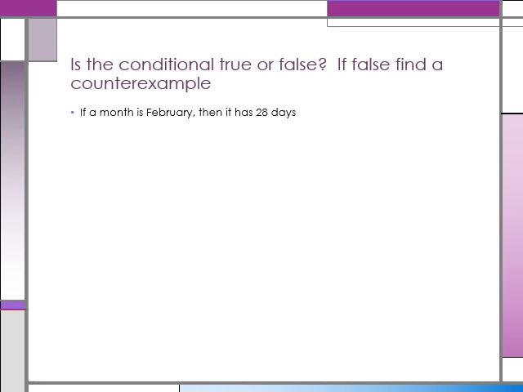And if it's false, let's find a counterexample. If a month is February, then it has 28 days. Well, I can find a counterexample, because there is leap year that has 29 days. So that would be a false conditional.